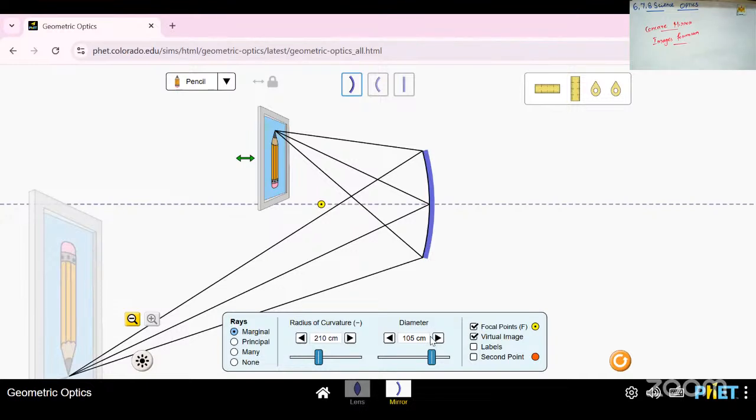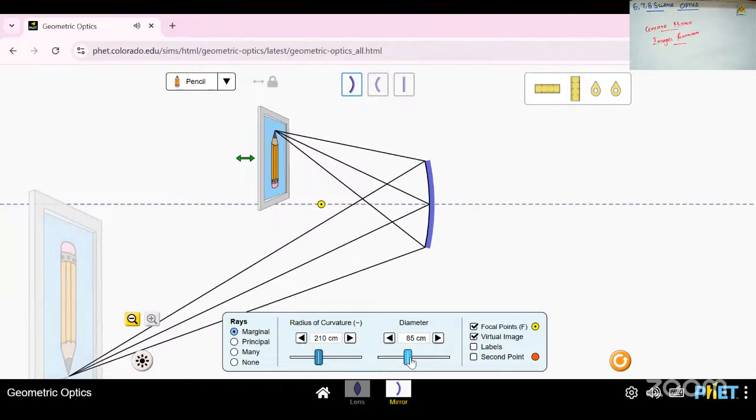The picture is not clear when we adjust the diameter of the mirror. So this is the right image when we take the plane mirror, the concave and then convex.